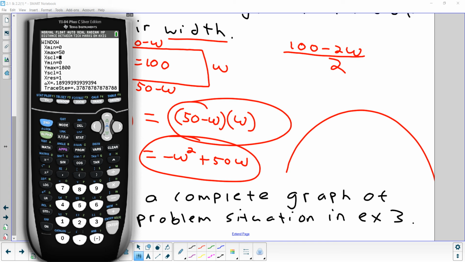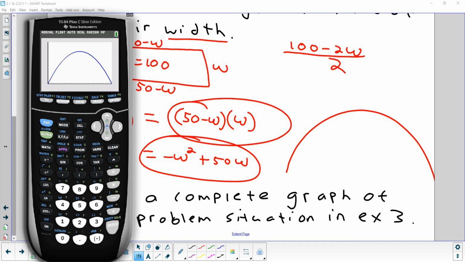The thing we don't know is what's the biggest area that we can make. Well, let's put it at 800 and see if we can see the top of the parabola. But by setting it 0 to 50, you should see the parabola perfectly on the screen. It should start in the lower left, and it should end perfectly in the lower right. So there's our problem.